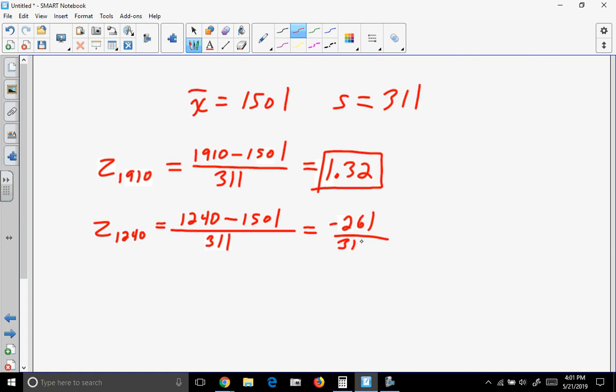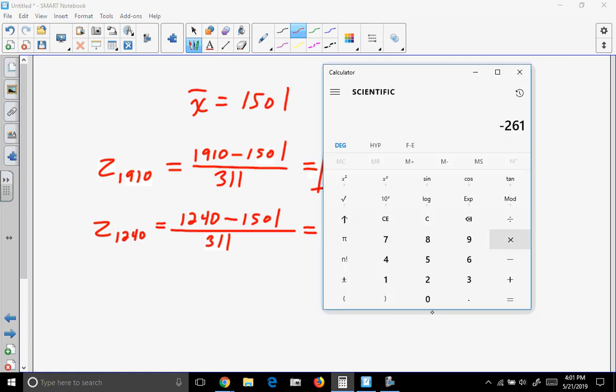And then we want to find out how many standard deviations that is. Well, 261, that's less than a full standard deviation. So when we divide, 261 divided by 311, that's not quite a whole standard deviation from the mean, negative 0.84.